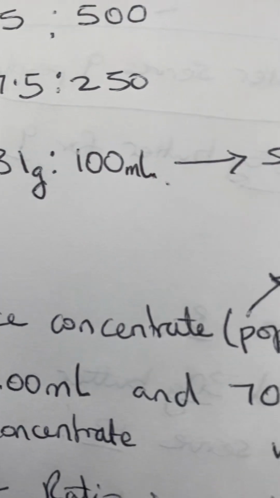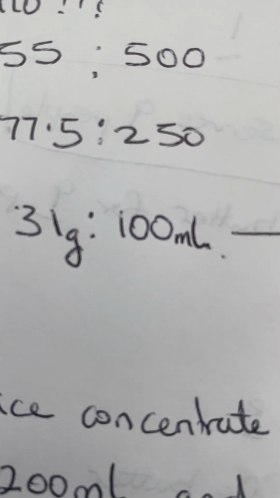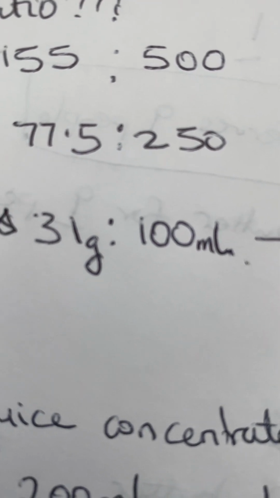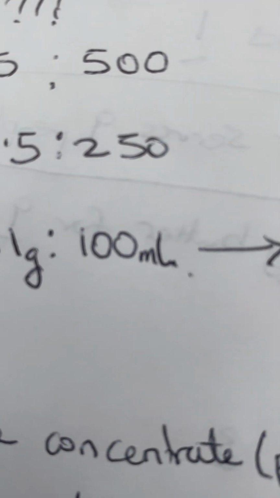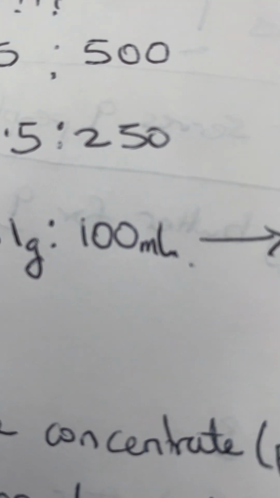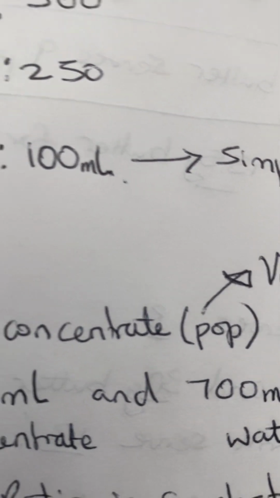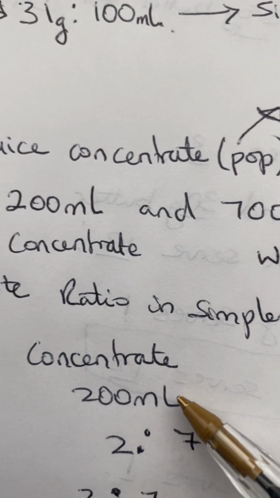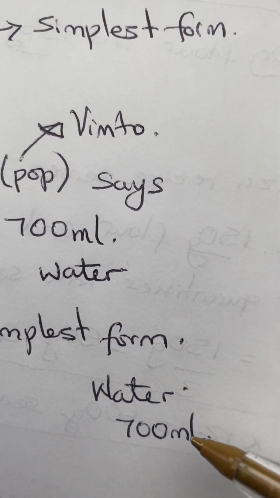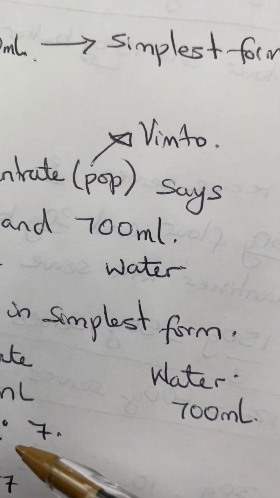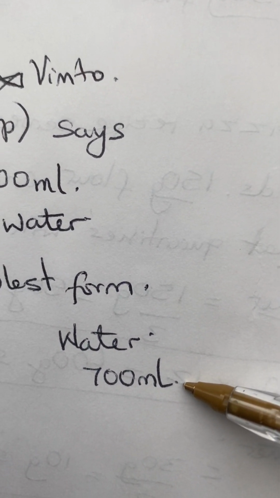But assuming you don't need that much, what would you do? You can reduce it to the simplest form and then take a smaller quantity of that. Okay, so write the ratio in simplest form. The concentrate in the bottle is 200 ml. The bottle says if you take 200 ml, then you need to add 700 mils of water.